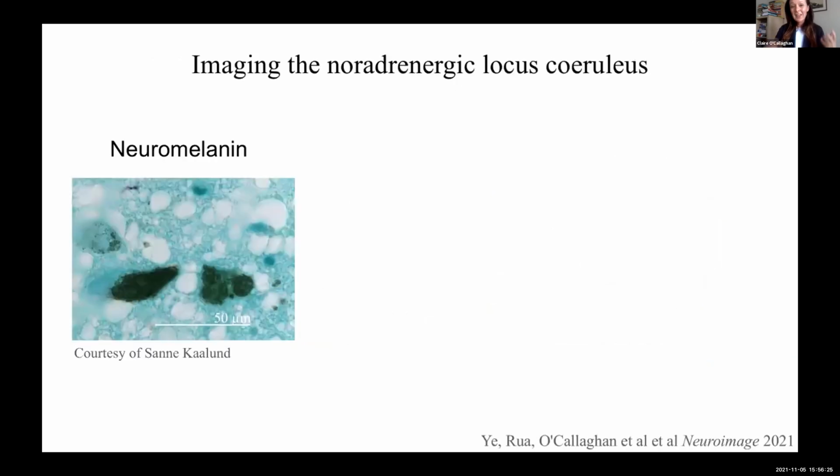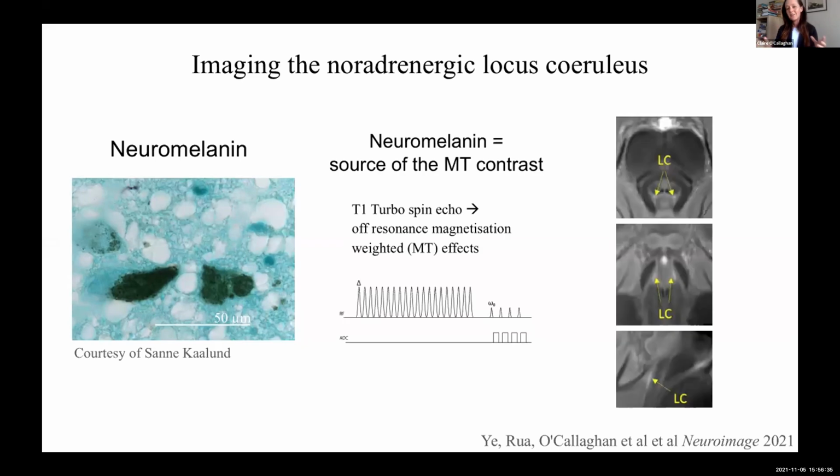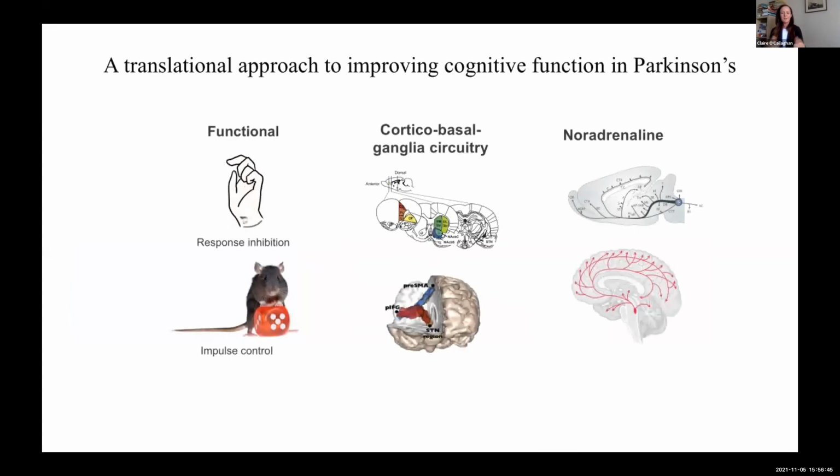Now, we're actually able to image the noradrenergic locus coeruleus in Parkinson's by virtue of a special property in this nucleus, neuromelanin. And by using high field MRI, we're able to get a measure of the integrity of the locus coeruleus.